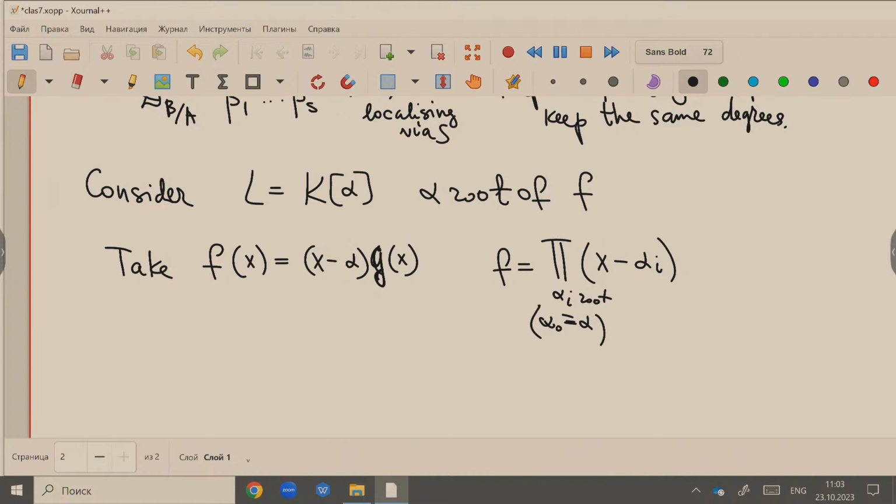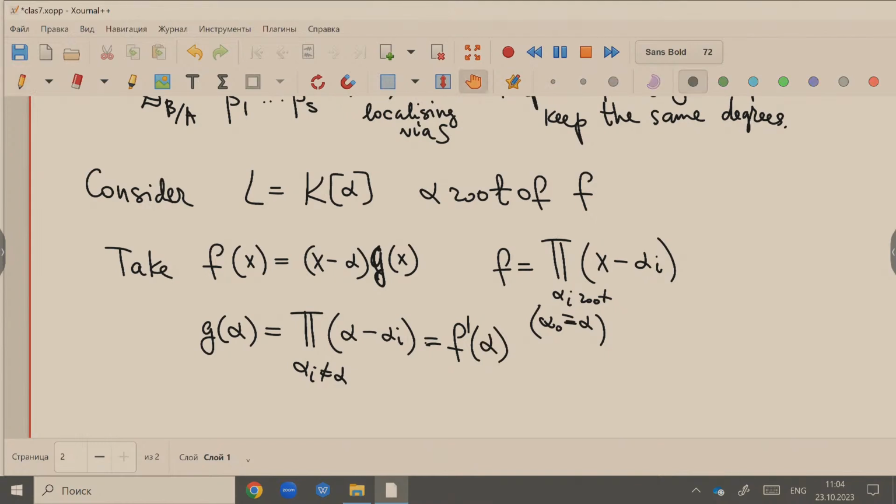You are considering the product over the roots, and you can substitute alpha into this g, which is the product over alpha_i not equal to alpha. And this can be expressed as follows: you can take the derivative and substitute alpha, so this is just substituting alpha in the derivative.